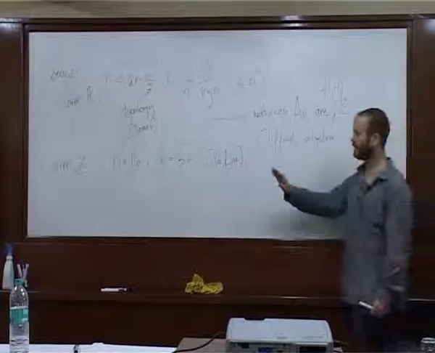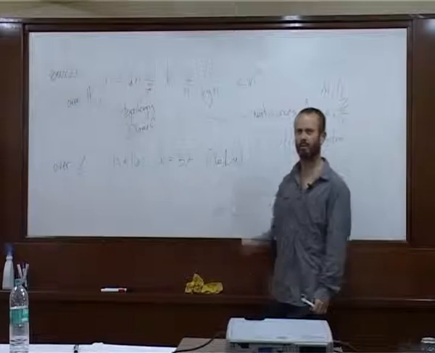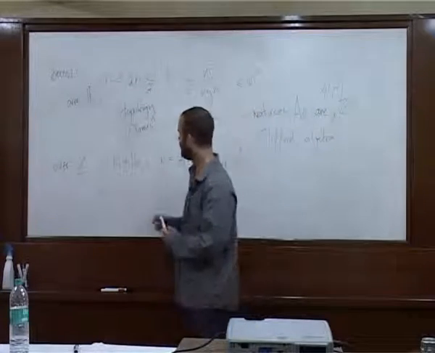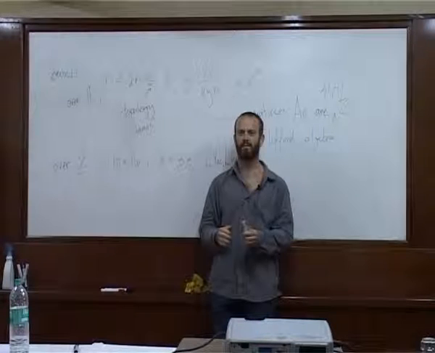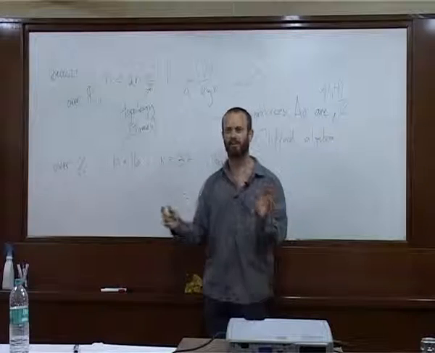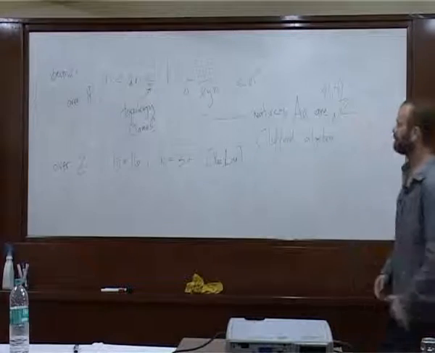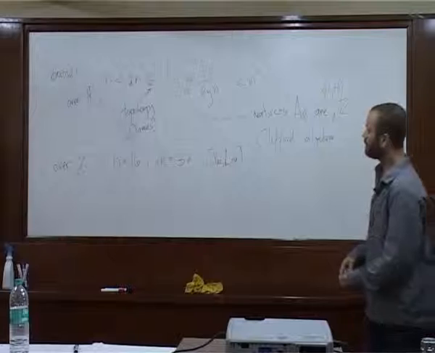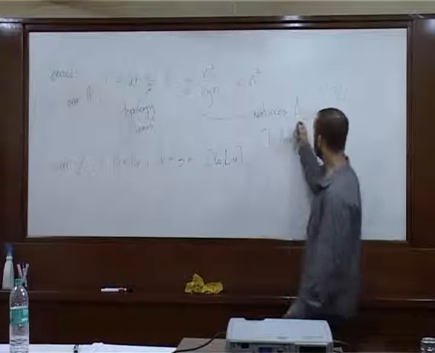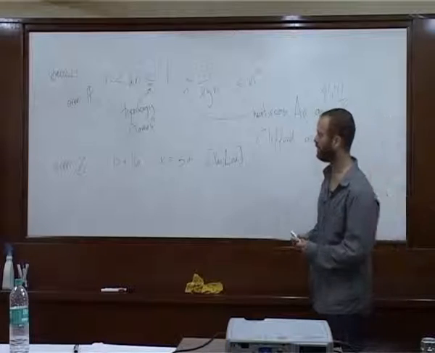Over the real numbers for 16, it's still open. It's somewhere between 29 and 31, something like this. So this was what was known if you try to use only integer matrices.